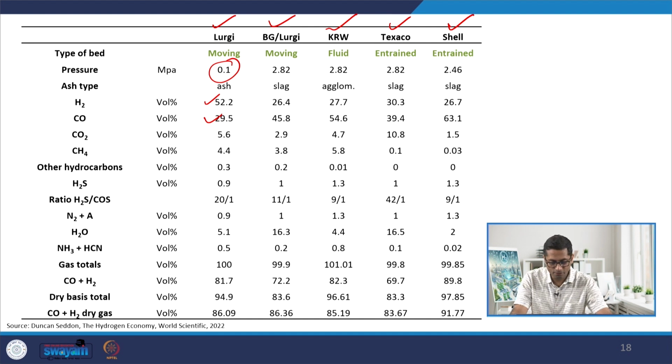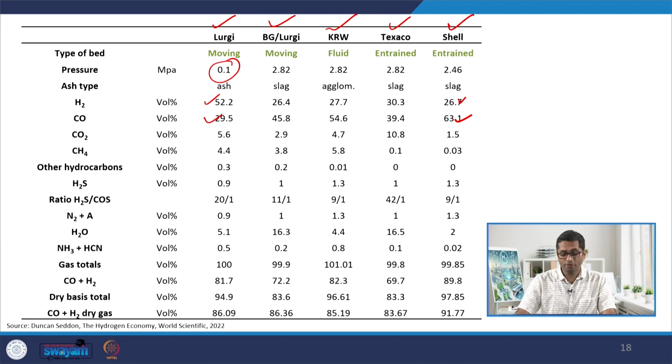This is somewhat different from the other gasifiers, the British Gas, fluidized bed and entrained flow gasifiers, where the majority of the gas is going to be in the form of carbon monoxide, and hydrogen is going to be on the lesser side. This is not a cause for worry, because downstream of these gasifiers we normally have a water gas shift reactor.